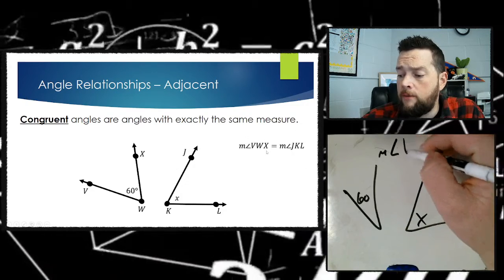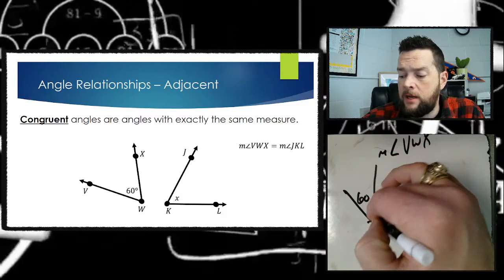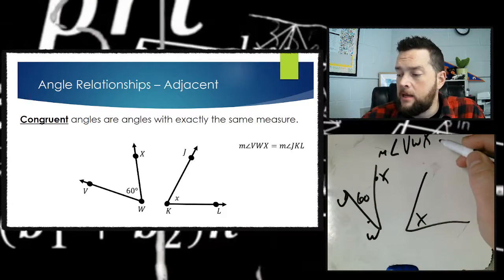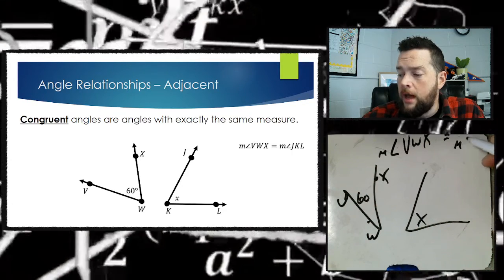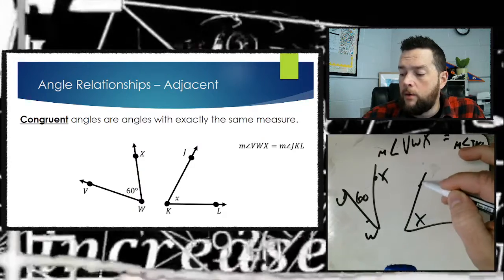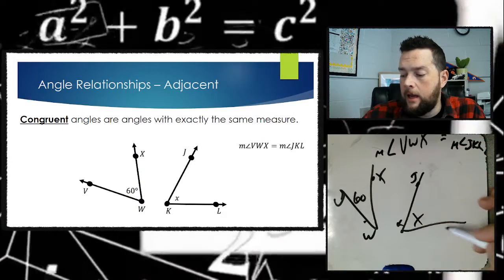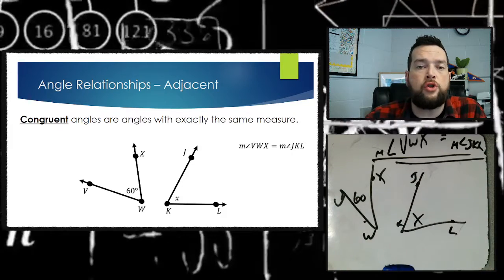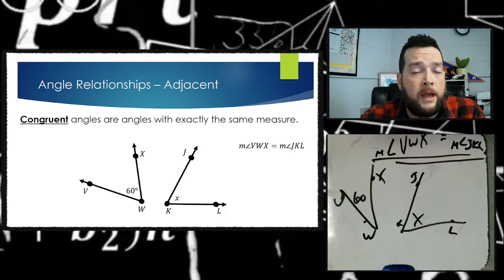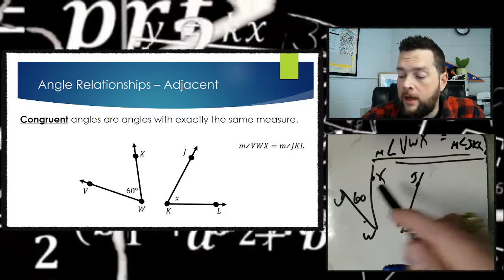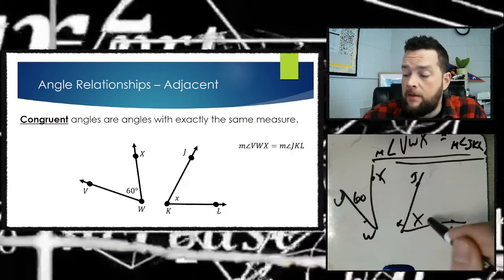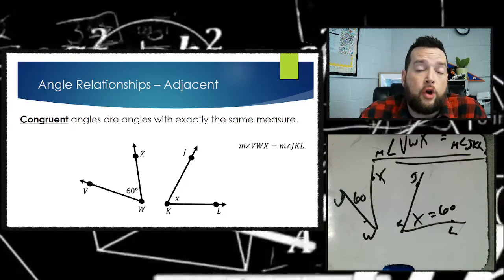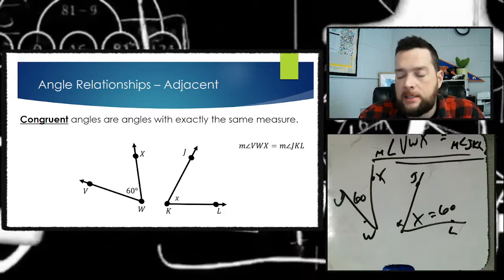This angle VWX is equal to angle JKL. Well, this statement right here tells us that those two angles are equal. And therefore, we know that if that one's 60, then that one also has to be 60, because that's just a 1x. And so if they're congruent, then that x has to equal 60.